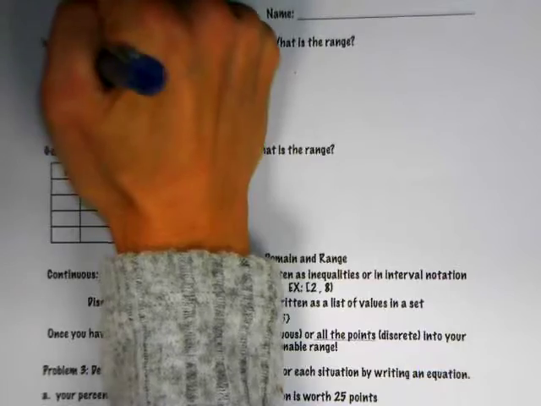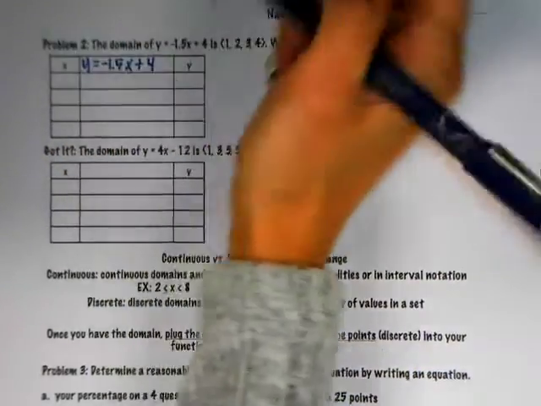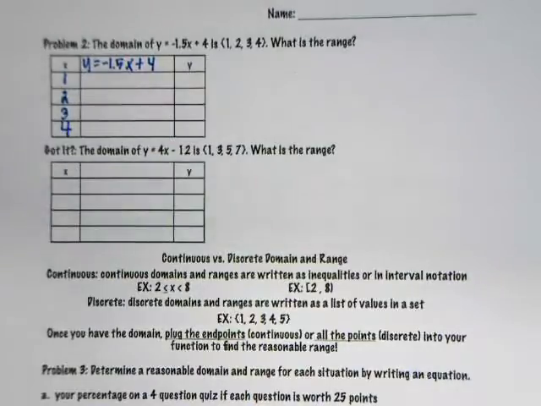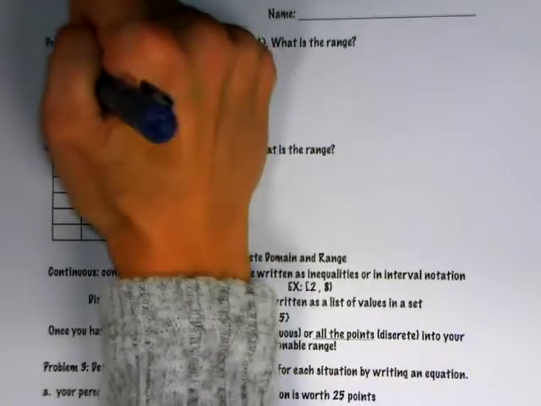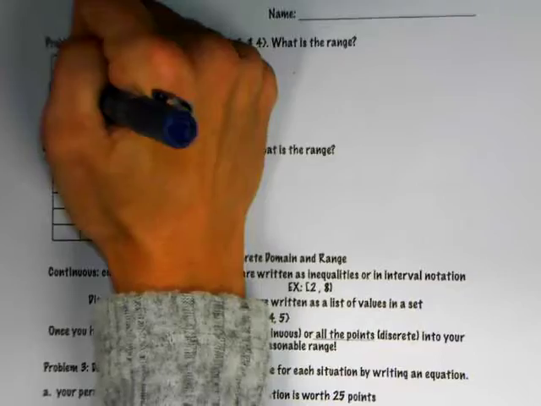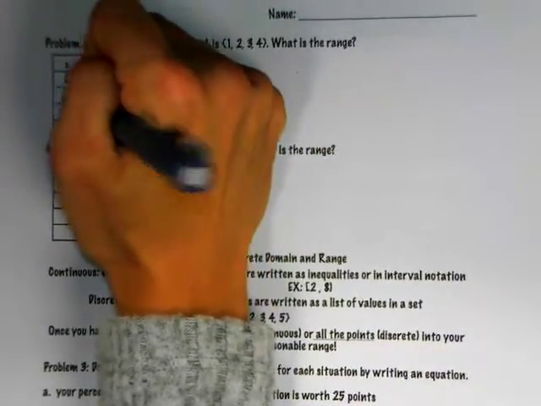We take our equation and plug the x values 1, 2, 3, 4 in for x to get the matching y values, then write out the range. So we're going to do -1.5 times 1 plus 4, -1.5 times 2 plus 4, and so on. So grab a calculator.